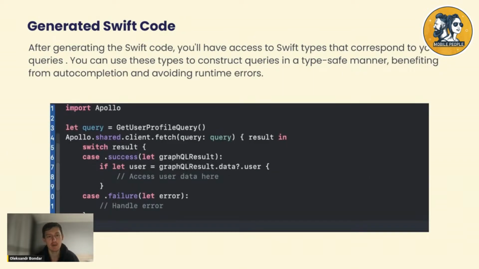And look how it actually looks in code. I believe it will be pretty much the same in Android, Flutter, React Native, or any other language. You have, as I see, a singleton, Apollo shared client fetch, where we pass the query. This query, get user profile query, is generated for us.